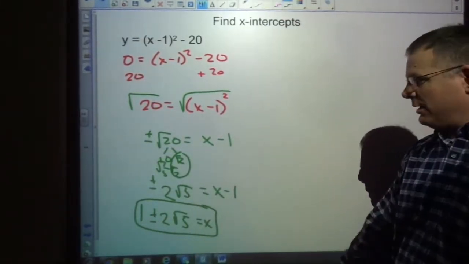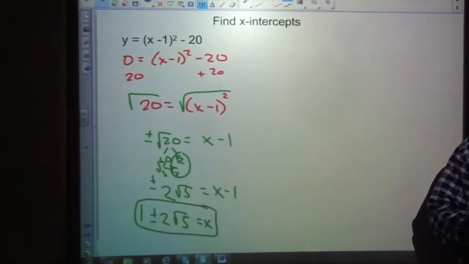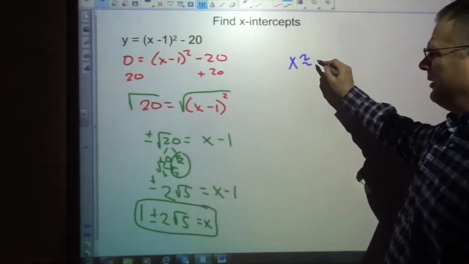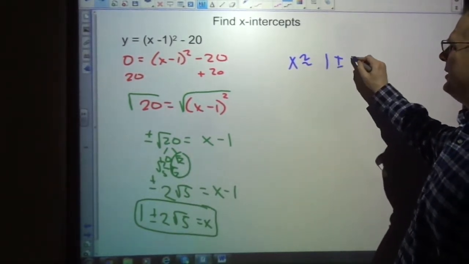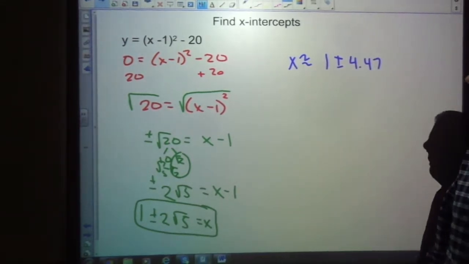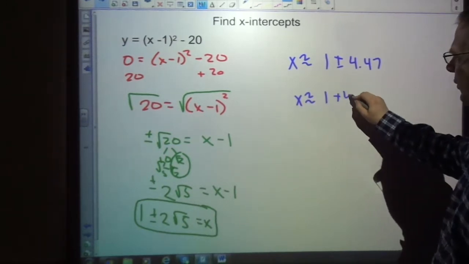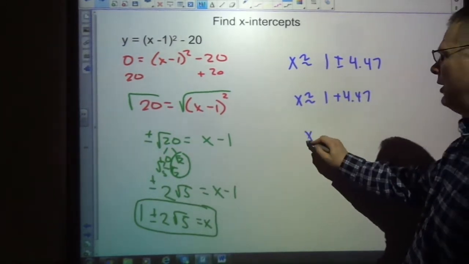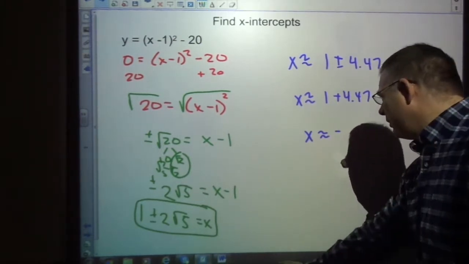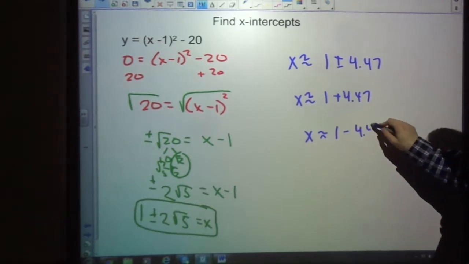Now for the approximate, I'll go on my calculator and type square root of 5, enter, times 2, and I think that's 4.47, if I remember right. So 1 plus or minus 4.47. Calculator friend, am I right with that? All right, got the thumbs up. So we got 1 plus 4.47, or 1, oopsie, still a positive 1, minus 4.47.